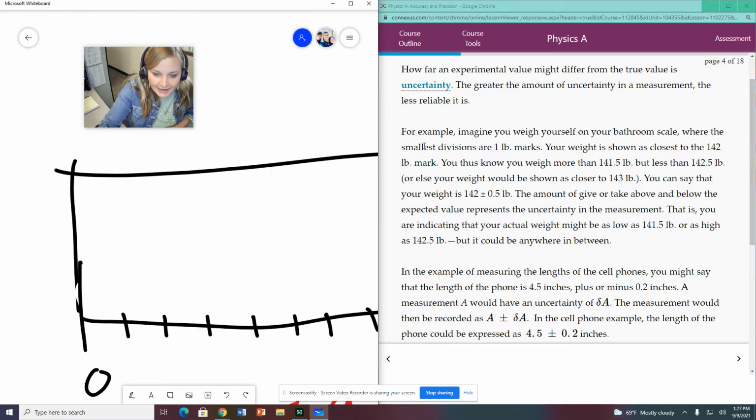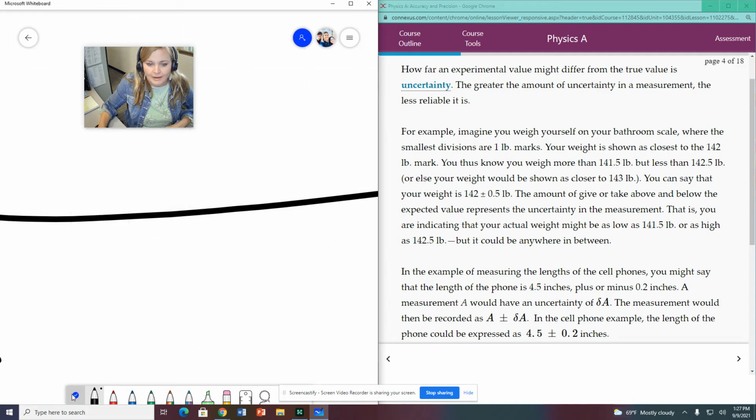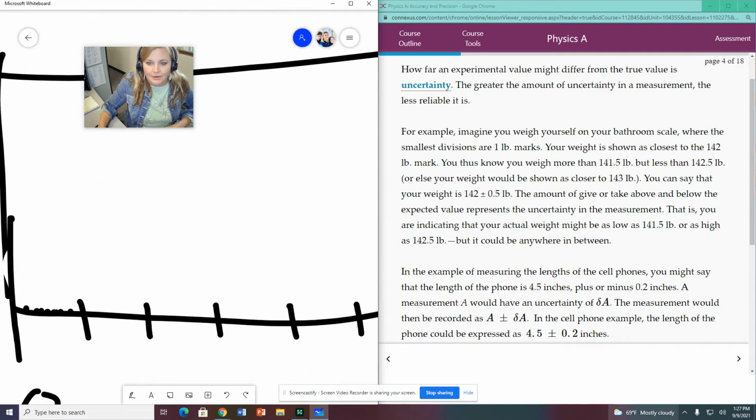There are 10 more in between each one, right? I can't draw that small. I'm trying to, but this line goes so magnified. Let's see if I can do it here. I did it. Yay.